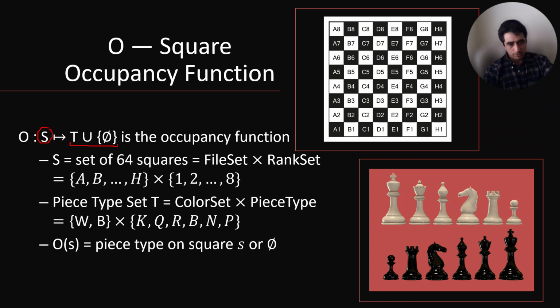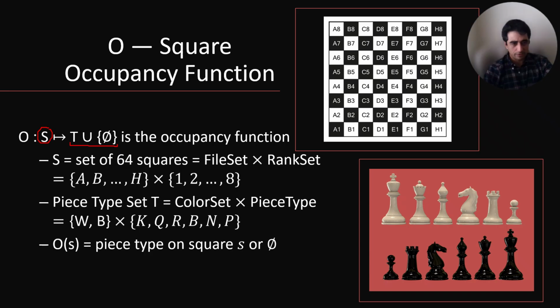The empty set is part of the target, because if the square is empty, we map it to the empty set by the square occupancy function. So that's the function.